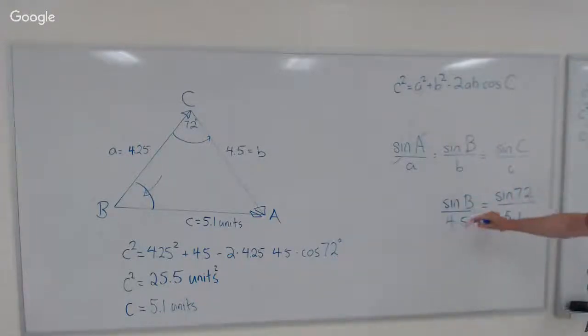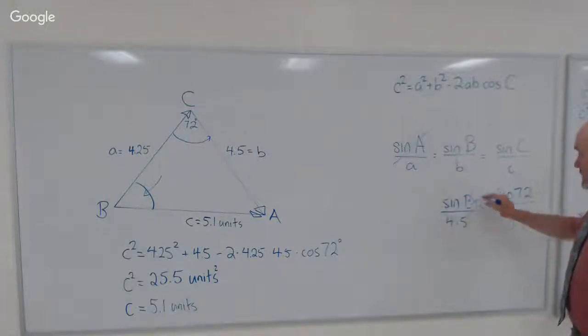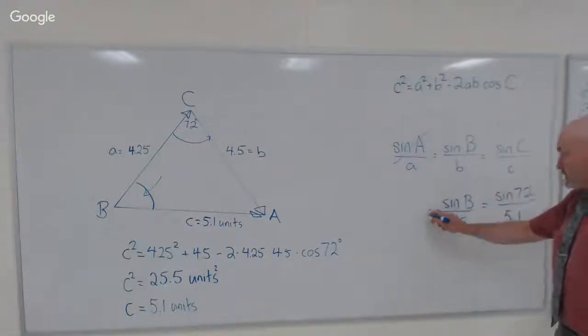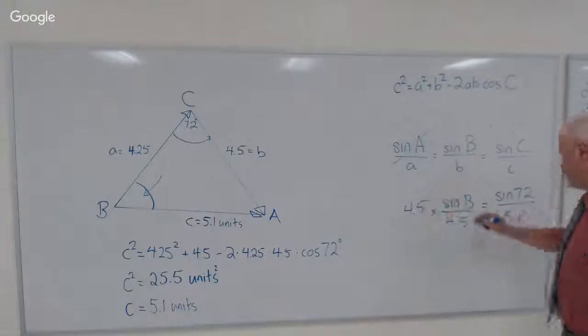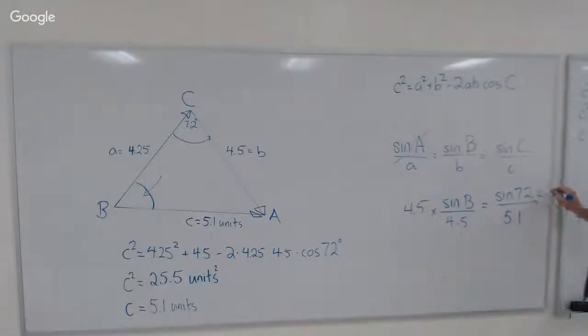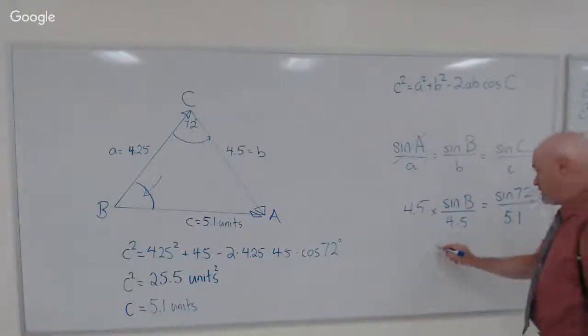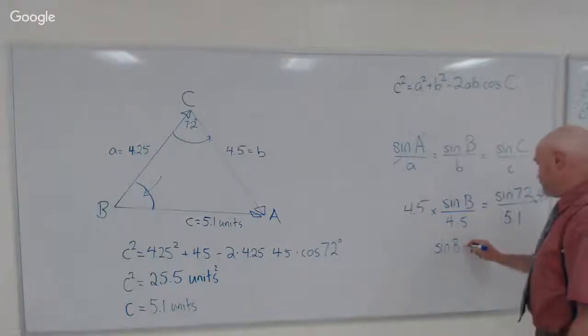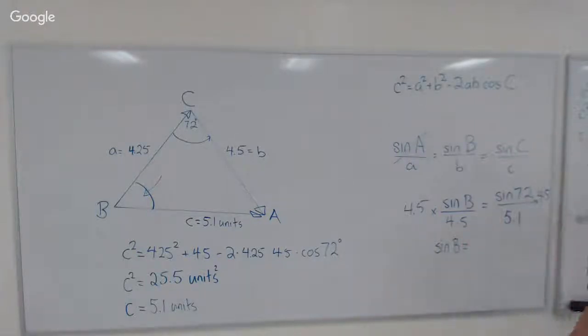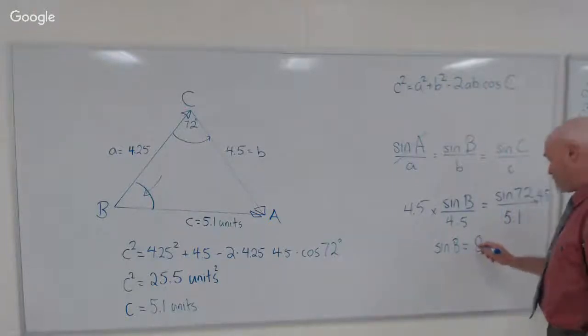Now it's just a matter of isolating this sine B expression. I'm going to do that by multiplying both sides by 4.5. So the sine of B is equal to 0.83.